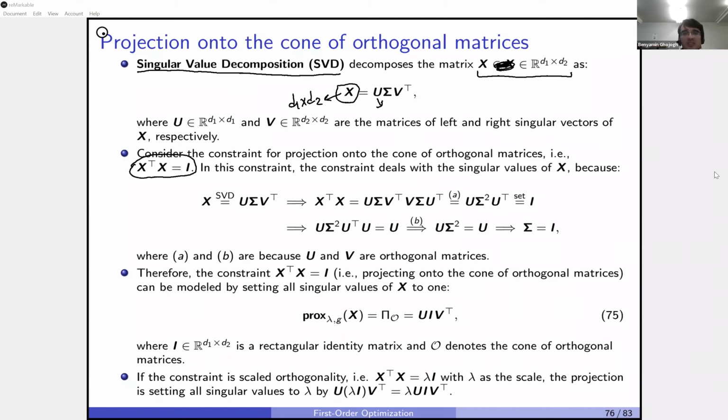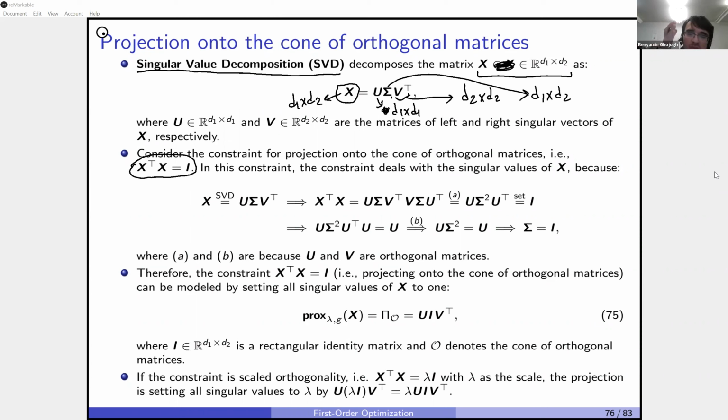So you're decomposing it into the multiplication of three matrices: U, sigma, and V transpose. U is D1 by D1, a square matrix. V transpose is D2 by D2. Therefore, sigma becomes D1 by D2.